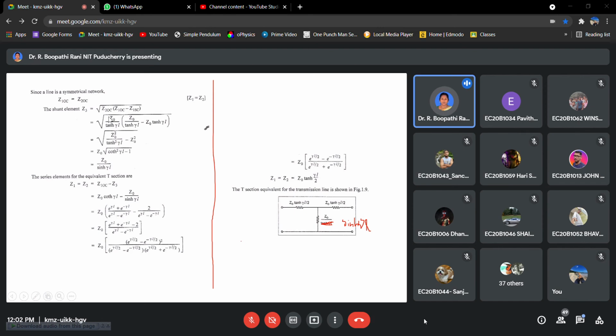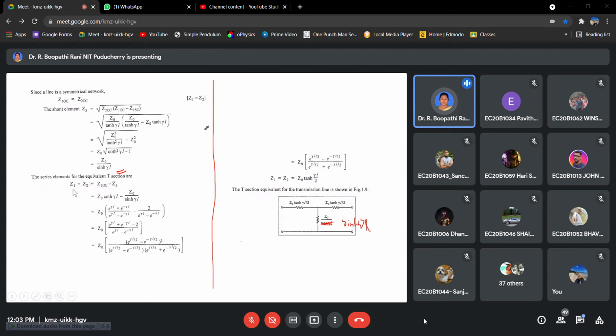So Z2OC will be equal to Z1OC. That's why we are writing Z0 by tanh nu, and for Z1OC also Z0 by tanh nu minus, and short circuited impedance is Z0 tanh nu, and we are simplifying this, and we are getting Z3 as Z0 divided by sinh nu, and we are considering the network is symmetrical.